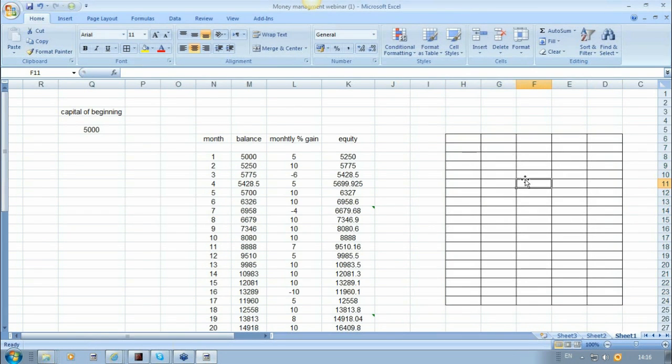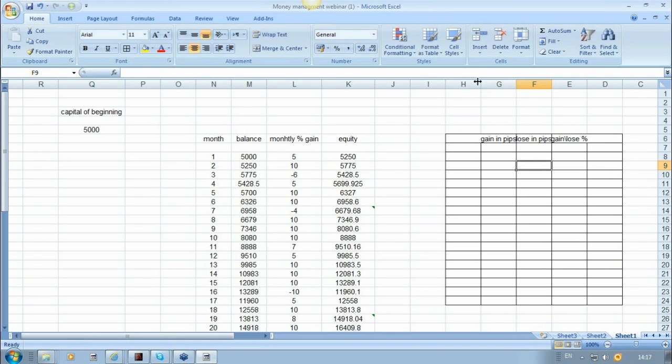All right. Now pay attention. This is plus pips. Oops, sorry. This is gain in pips. This is loss in pips. And that's gain, loss percent.